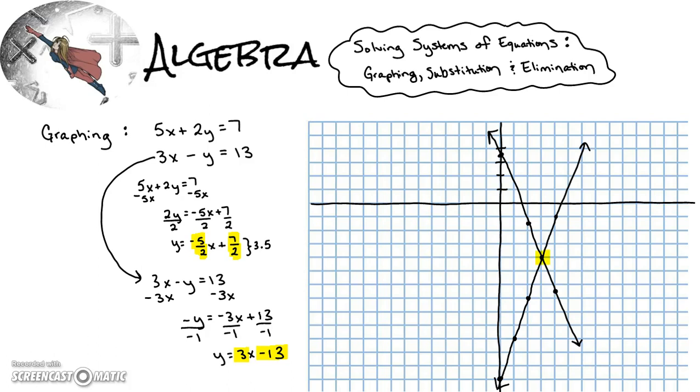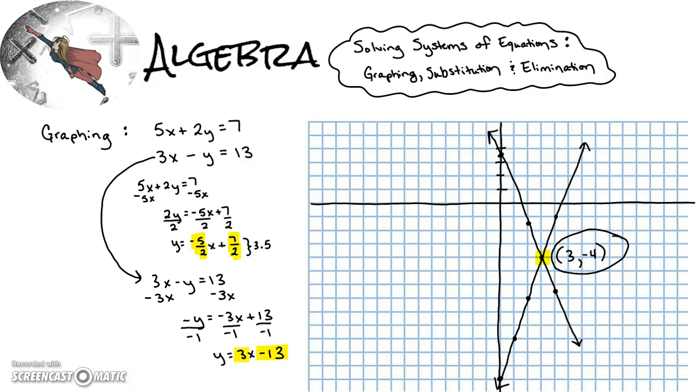And that point where they crisscross or intersect is the solution. And the coordinates of that point are positive 3, negative 4. So that is our solution. So positive 3, negative 4. That's our answer.